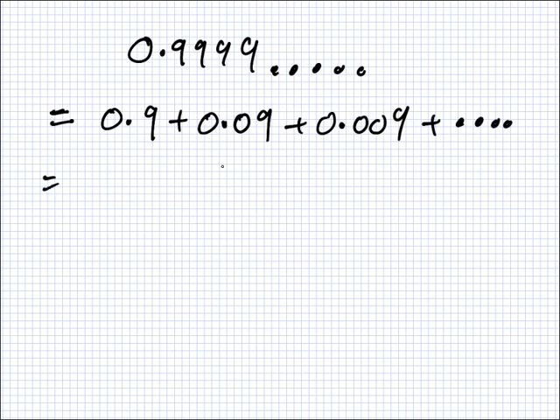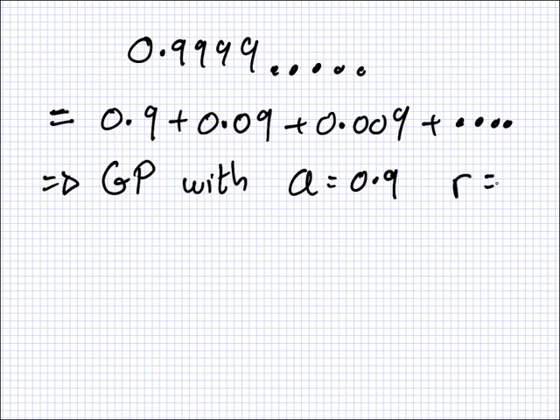But if you look carefully at this, you'll notice that this is a GP with a equal to 0.9, and what would r equal? 0.1. 1 over 10. Yeah. These are getting 10 times smaller each time.